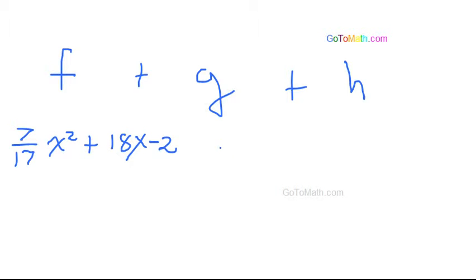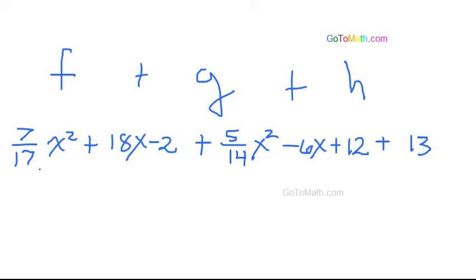And then we have plus, so this is our plus sign here, and g, which is 5 over 14. So at this point in your algebra career, if you've been following me, working through these sections, or especially this one, you should pretty much have this figured out. And then plus, and then h we said was just 13.